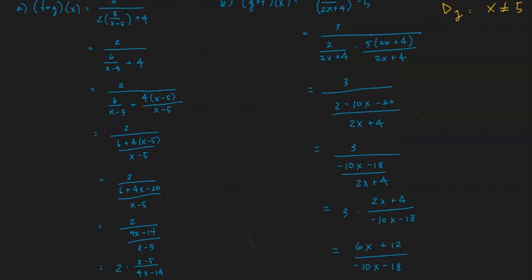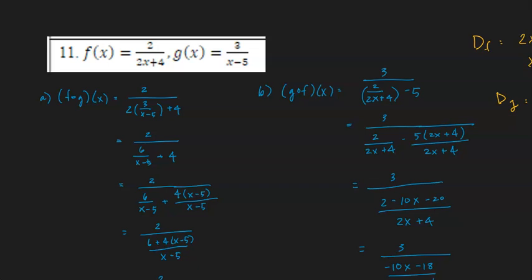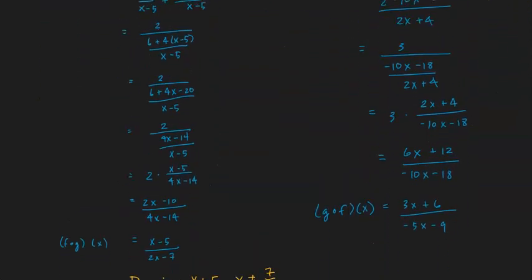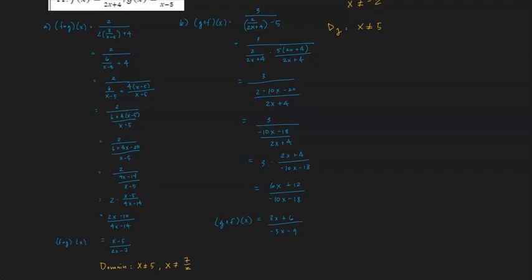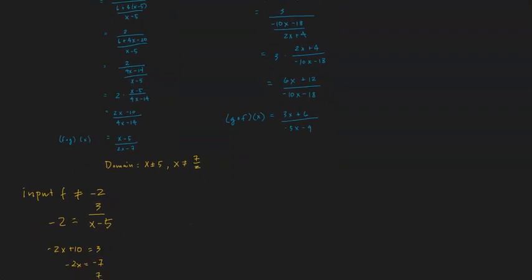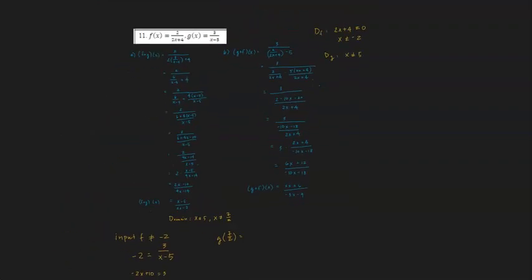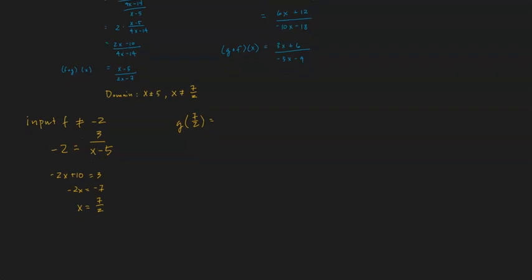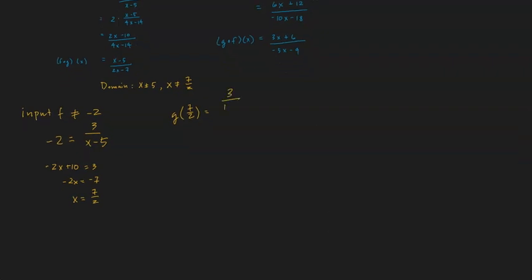And I can go back into here and I can try, but the problem is so far away from the answers. Oh, what am I gonna do? Okay, so I can have g be 7 over 2, and then that's 3 over x minus 5, 3 over 7 over 2 minus 5, which is 10 over 2.